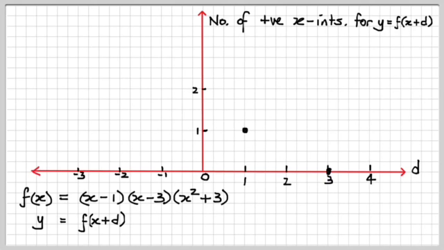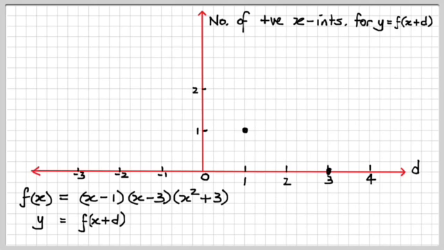Now another value. You know that if d was 1, you would know in that instance that you have moved over to the left 1 unit, and therefore the right-handmost positive x-intercept, which was sitting on 3, would still be in the positive, but the intercept where x was equal to 1 would now be sitting on the origin, therefore that one's knocked out. So you've got this situation here. Do you see what I'm doing?